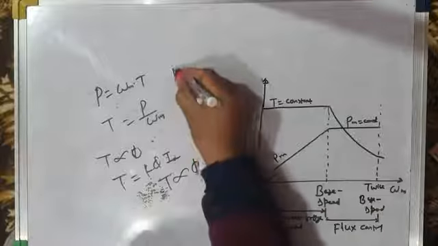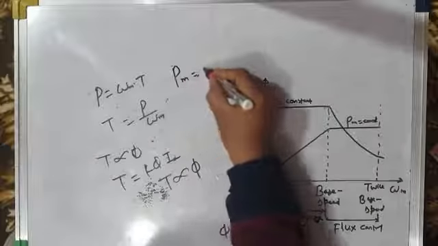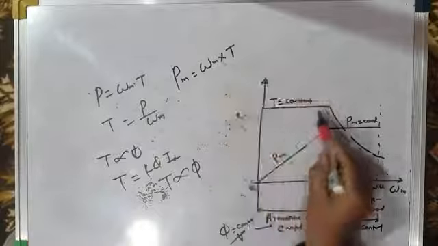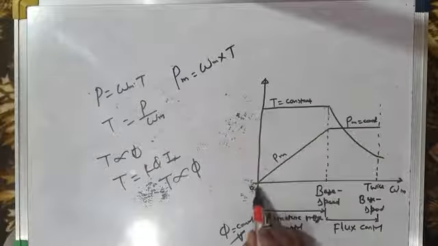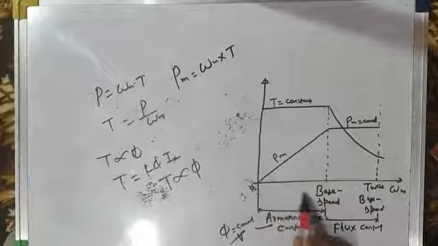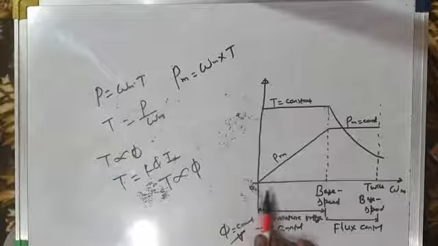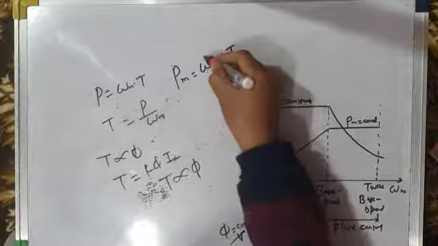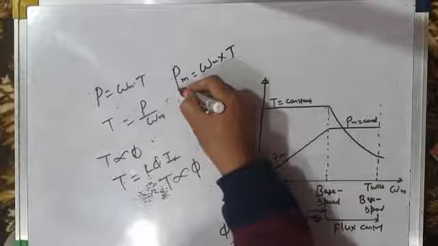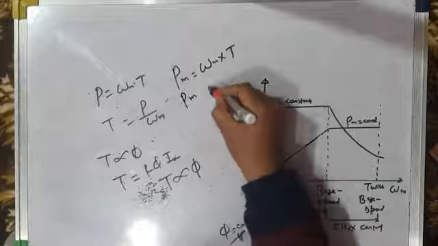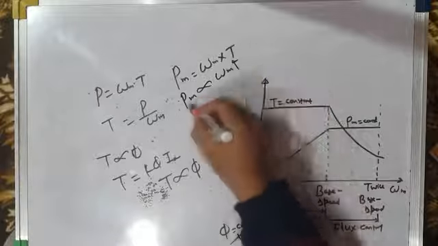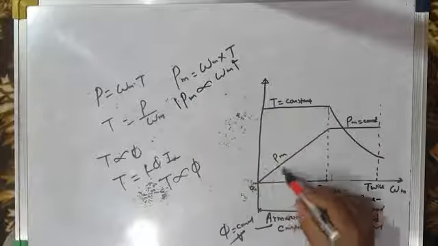Why? Because the mechanical power developed by the motor is speed into torque. No doubt torque is constant, but what about speed? When you go from zero speed to base speed, speed increases, and as speed increases, power also increases.